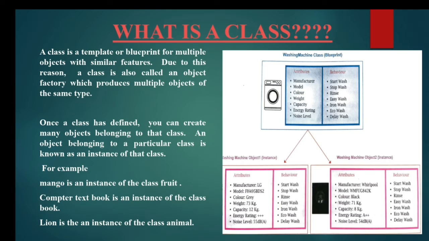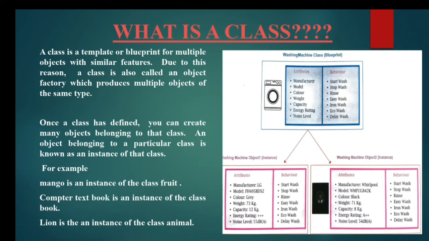The color here is gray, and here the color is black, and the weight is 73 kgs, and in the object 2 the weight is 71 kg, and the capacity of the object 1 is 12 kg, and the capacity of the object 2 is 8 kg. The energy rating is 3 places, and the energy rating of the object 2 is A++. Noise level is 52 dBA, and here noise level is 54 dBA.